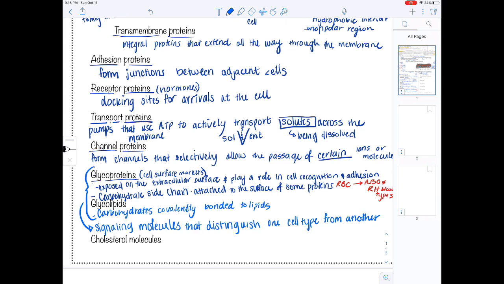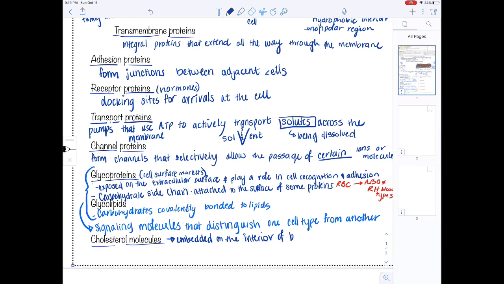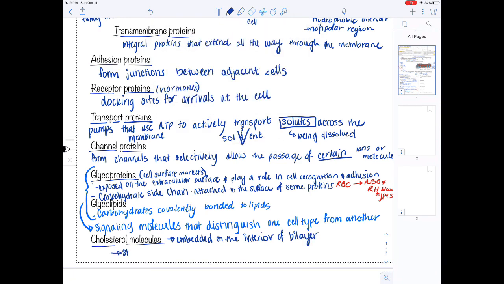The last one we're going to look at are our cholesterol molecules. Our cholesterol molecules are embedded in the interior of our phospholipid bilayer and stabilize how fluid our membranes are in animal cells.